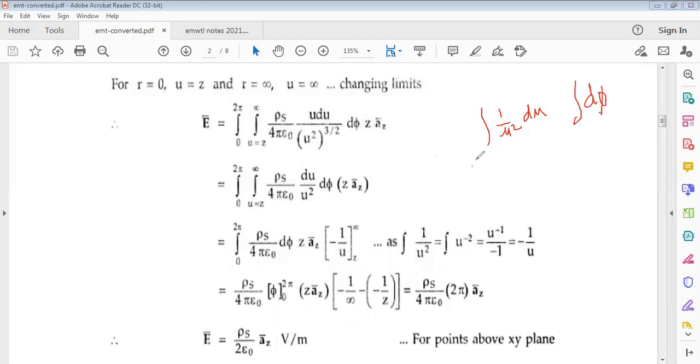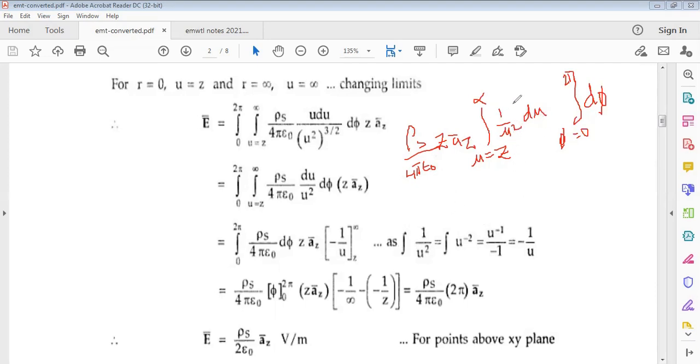So mu varies from Z to infinity, and phi varies from 0 to 2 pi. The remaining terms, rho s by 4 pi epsilon naught Z and az bar, are already constants.